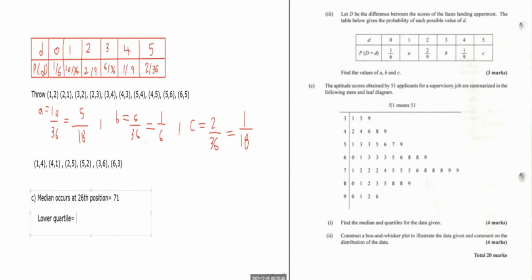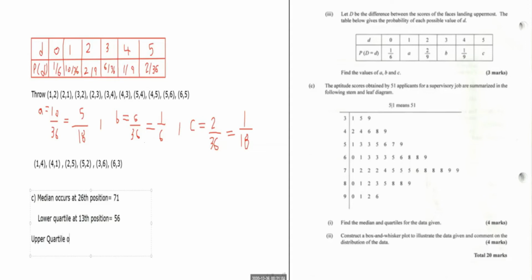The 13th term is 56. So the lower quartile is at the 13th position, and that is equal to 56. That's the lower quartile. Next we need is the upper quartile.